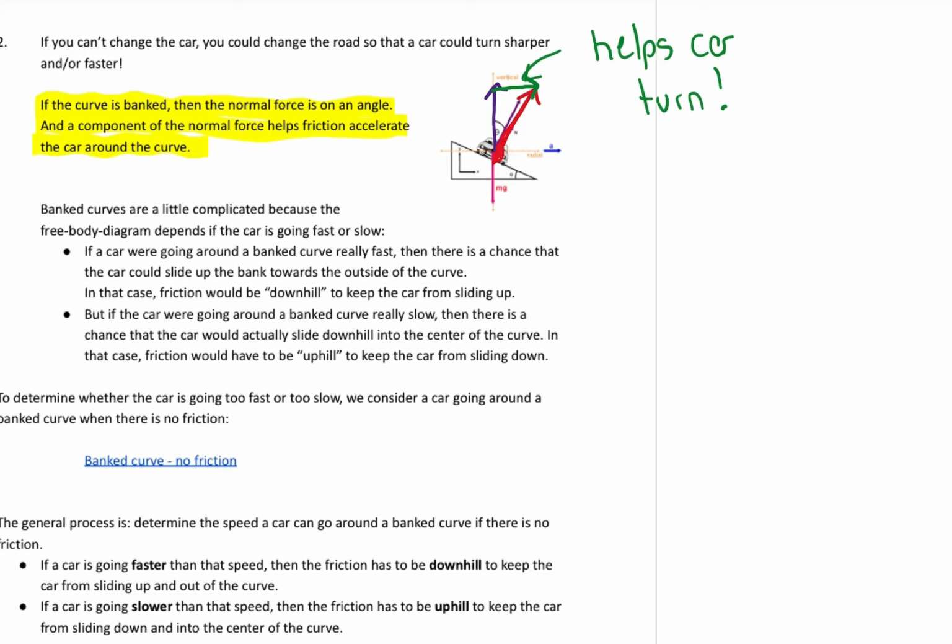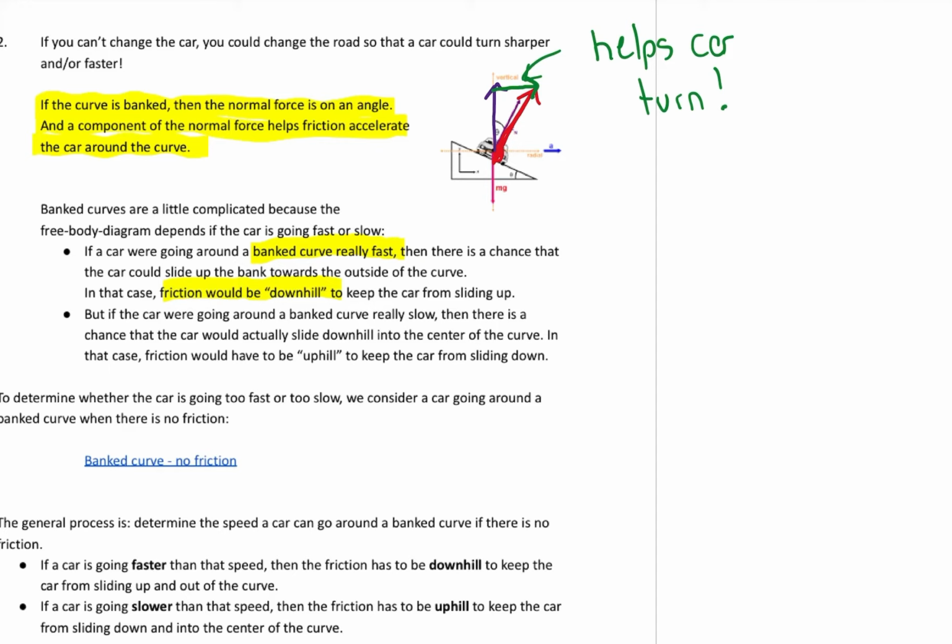Banked curves get a little bit complicated. I wrote about the topic thinking that we want the car to go as fast as possible, but when we do the math on banked curves, it depends on whether the car's going crazy fast or crazy slow. If a car is going around a banked curve and it's going really fast, then the issue is that maybe the car would drift up and outward, in which case the friction has to be downhill to help.